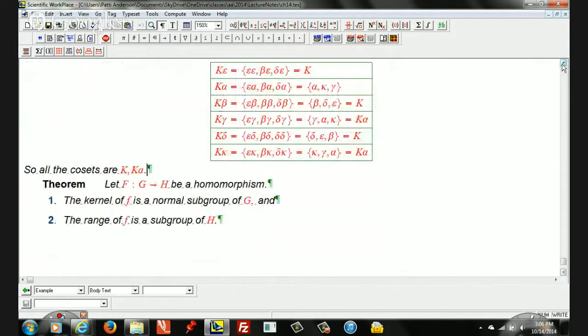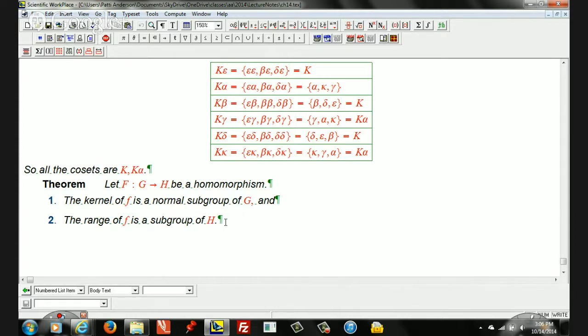Very good. The kernel of F is a normal subgroup of G, and the range of F is a subgroup of H. This is the last theorem in chapter 14. So, had we known this before the last example, we wouldn't have had to check everything, because we would have known anything in the kernel would have made a subgroup.